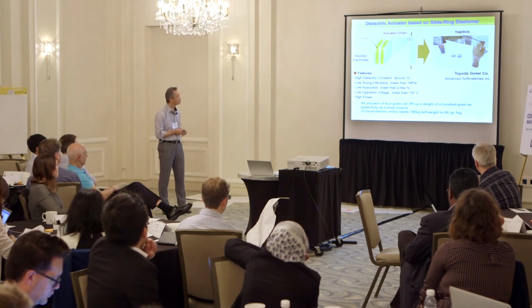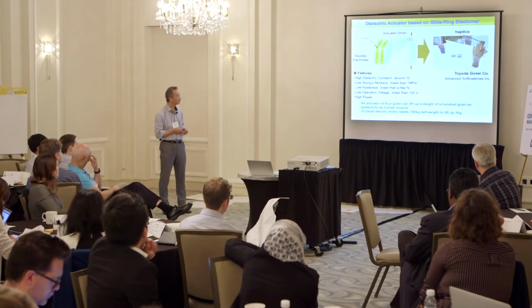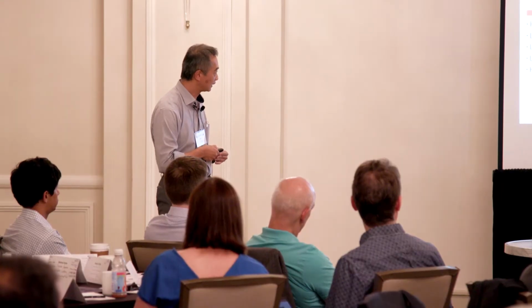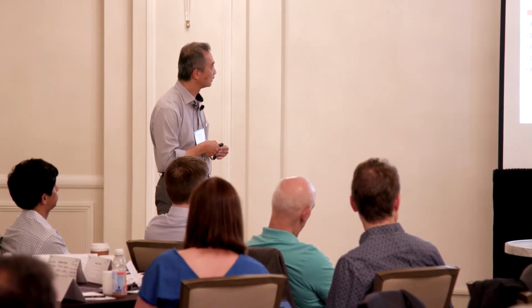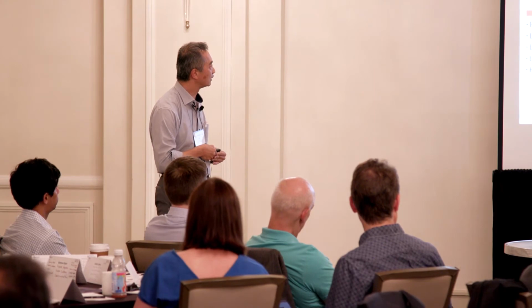And Young's modulus is very, very small because of the pulley effect. It shows a very, very small hysteresis. And this actuator realizes high power, such that an actuator of 4 grams can lift up a weight of 100 grams, as powerfully as human muscles.